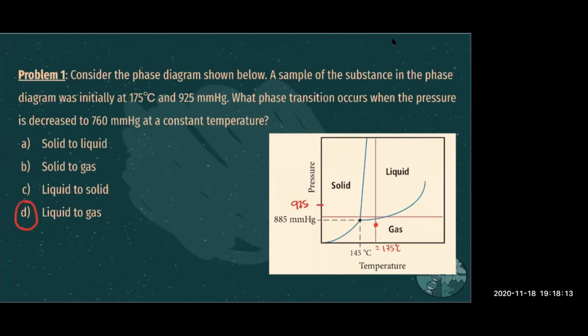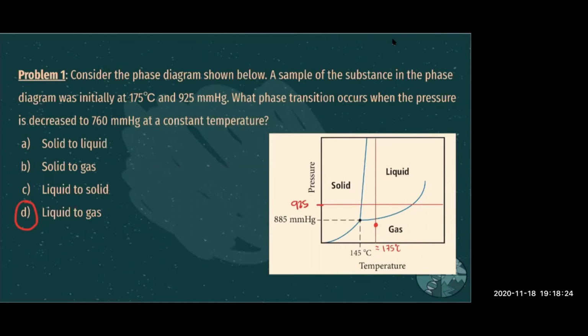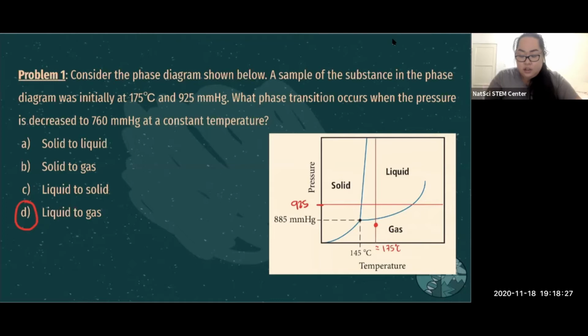So let's say if the temperature is less than 145. Yeah, so if they tell you that it is still from solid to a liquid to solid. So let's say we're starting here, right? If they tell you that the temperature decreases to 90 degrees Celsius, you go this way.